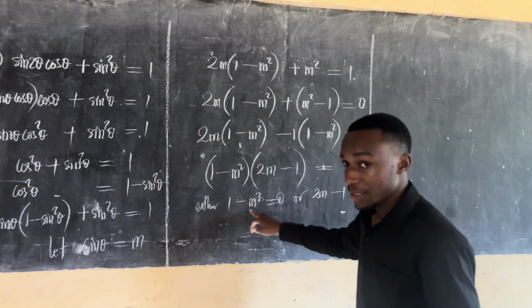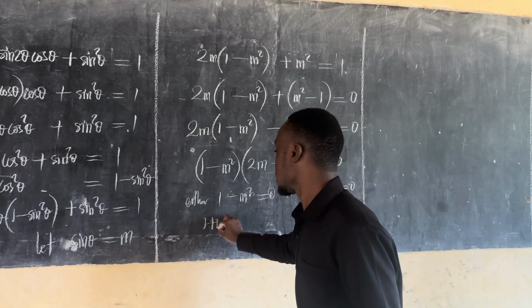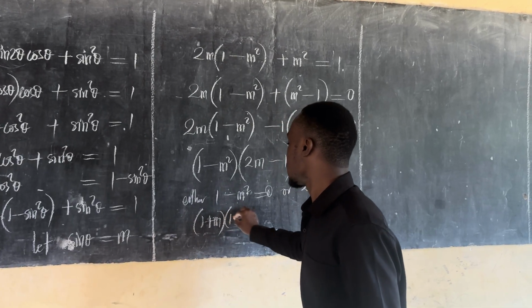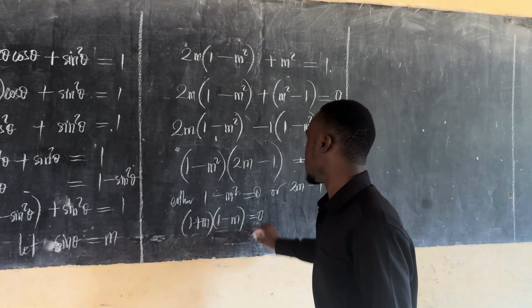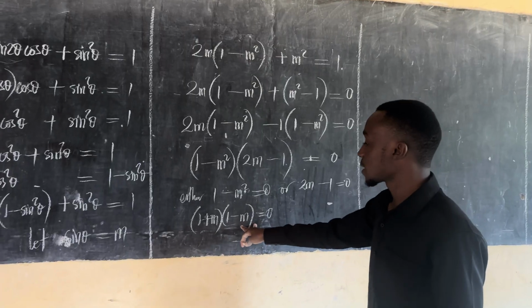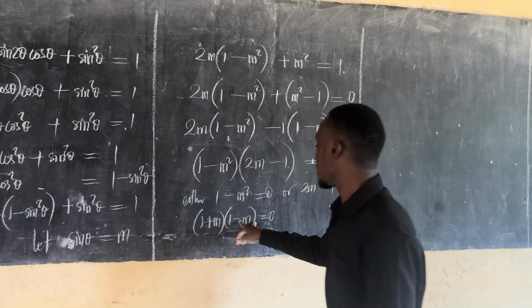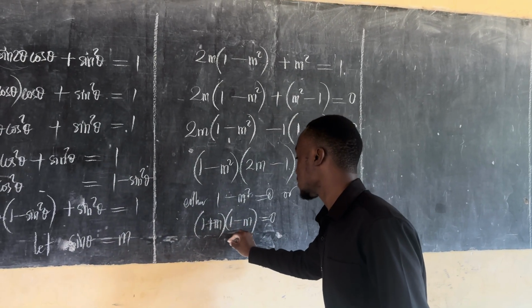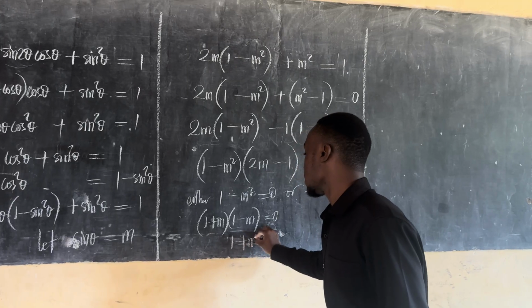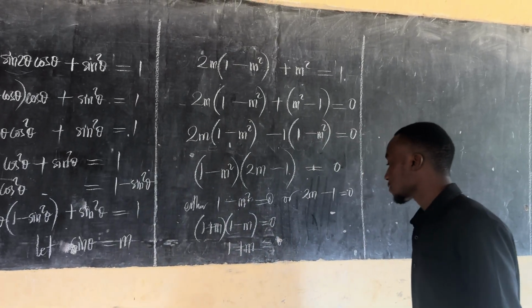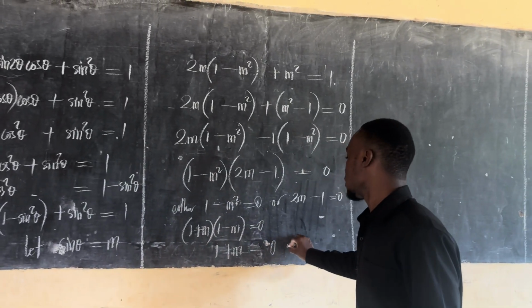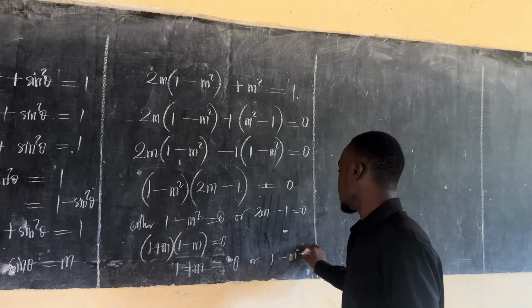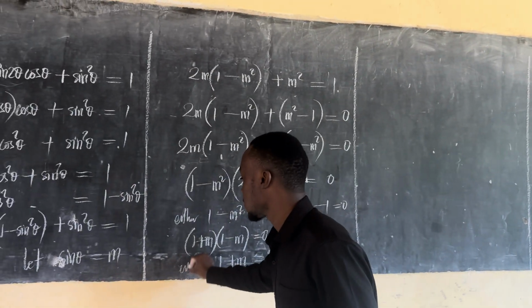So this is the difference of two squares, 1 plus m times 1 minus m is equal to 0. So from this, we can see that either 1 plus m is 0 or 1 minus m is 0.